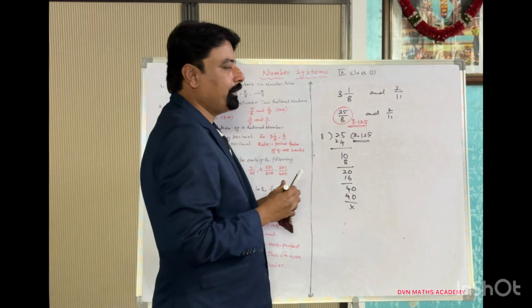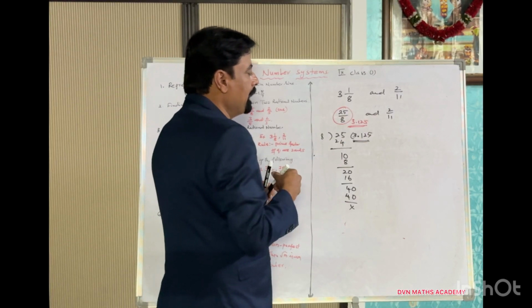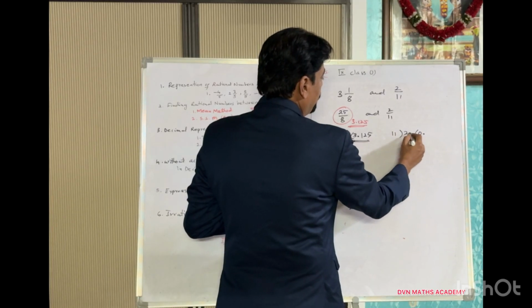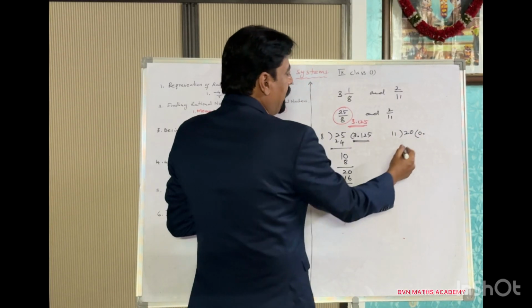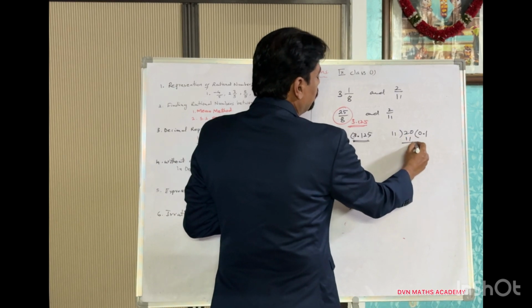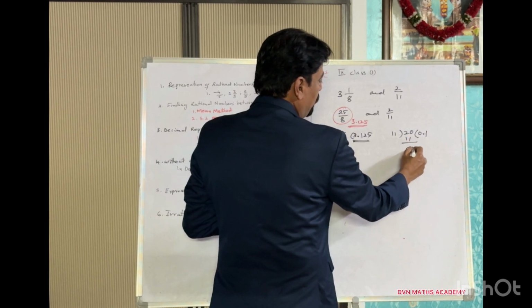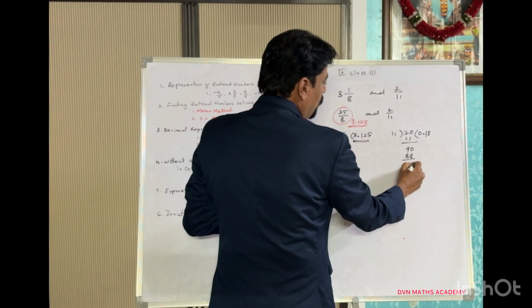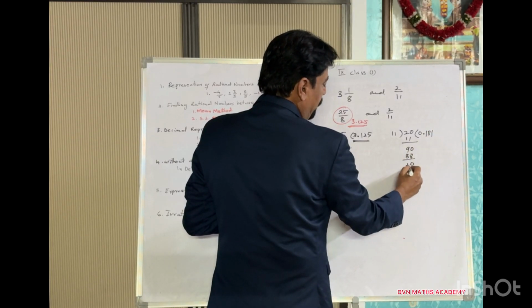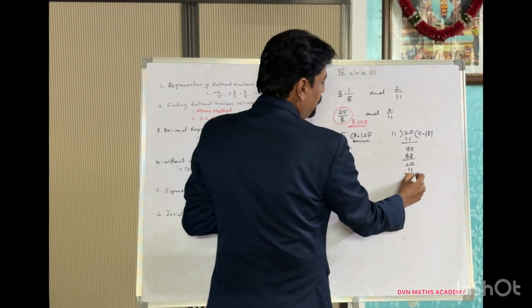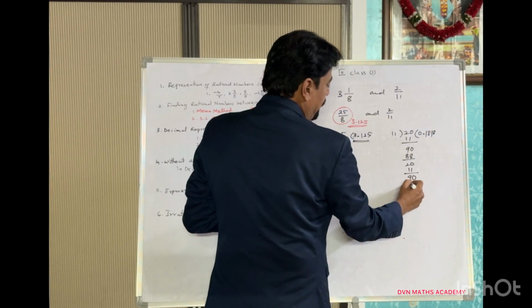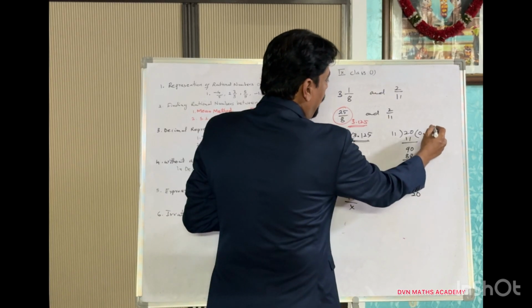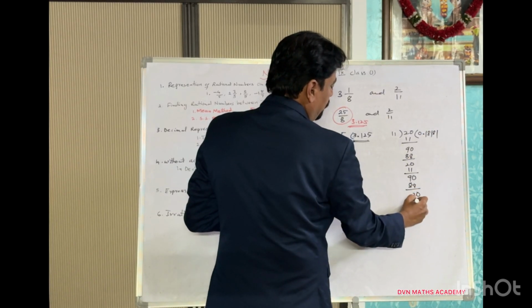For example, if you take 2 by 11, what happened? You divide 2 by 11. So this is 11, 0 point, this will become 20, and 11 ones are 11 and this will become 9. 0 is there, 11 8s are 88 and you get 2, 20. Again 11 ones are 11. It becomes again 9, 0 and 11 8s are 88 and again you will get 2, 0 and 11 ones are 11.